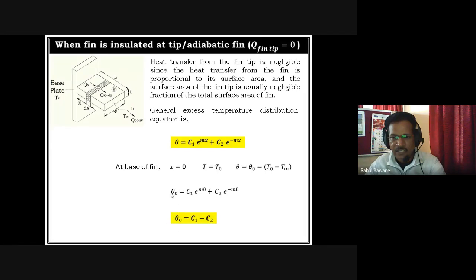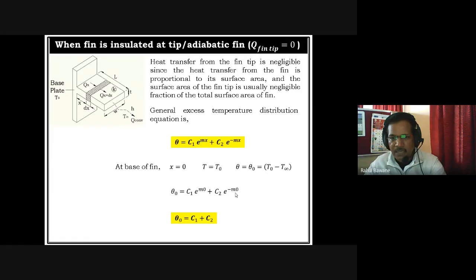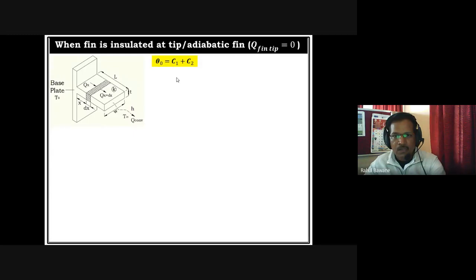So finally we obtain the relation that theta 0 is C1 plus C2, because e raised to the power plus mx after putting x equals 0 becomes 1, and e raised to the power minus mx after putting x equals 0 also becomes 1. So we have the relation theta 0 equals C1 plus C2.